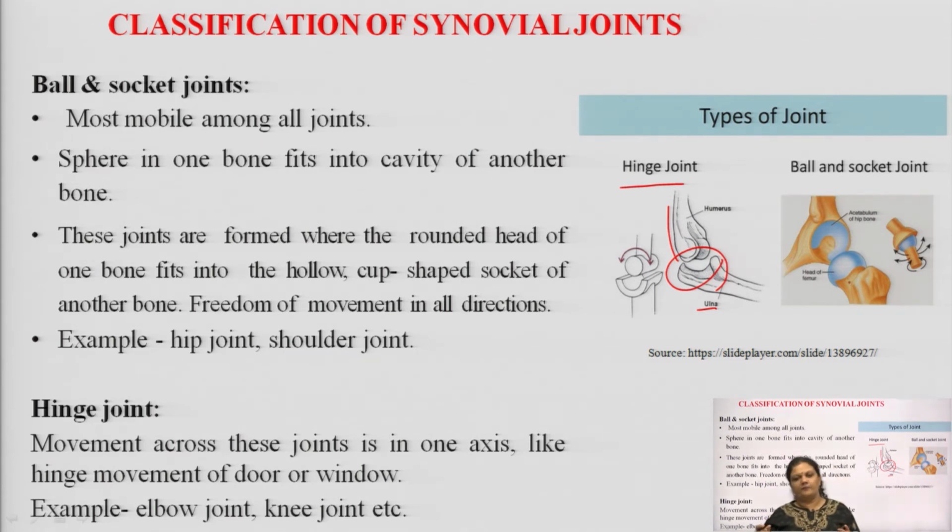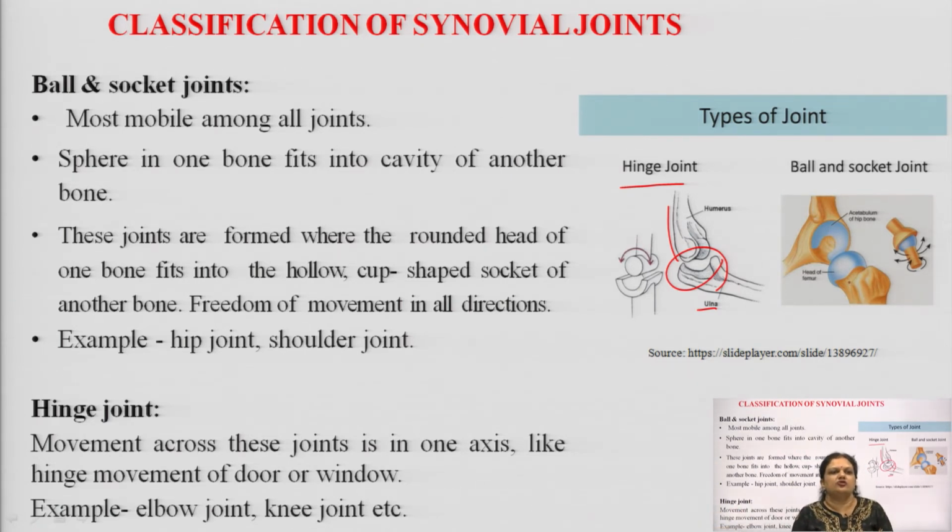Like in the hip bone, we can move our leg in a circular rotational direction, in flexion and extension. So, this is the highest movable joint, the ball and socket joint, or we can say the hip joint or the shoulder joint. Shoulder joint is here, you will see the different directions or rotations I will show you.